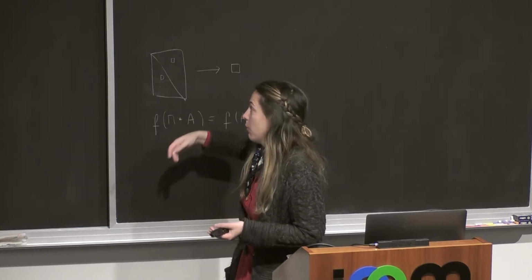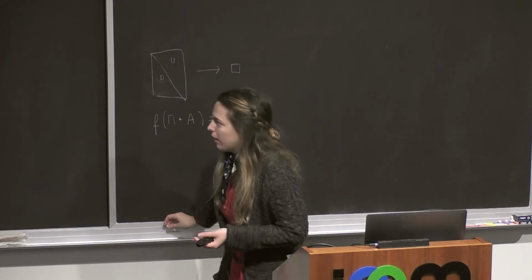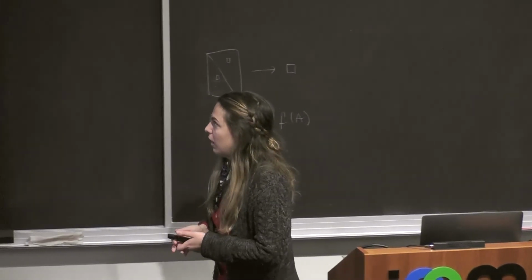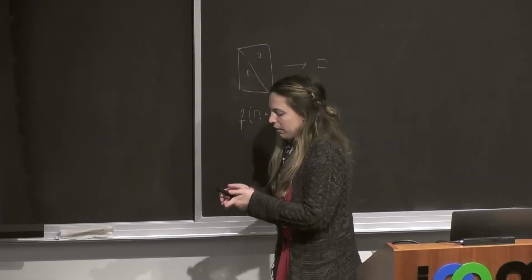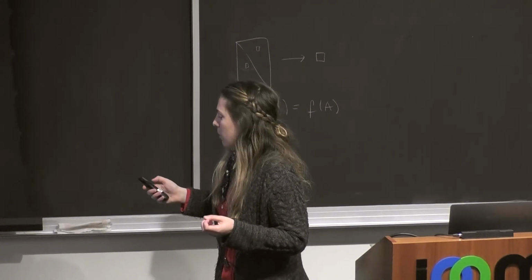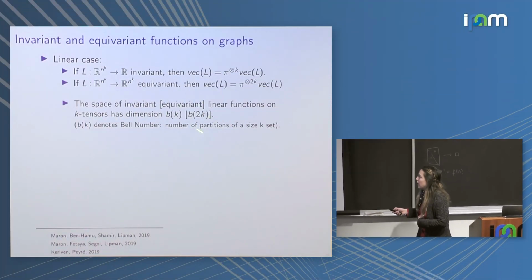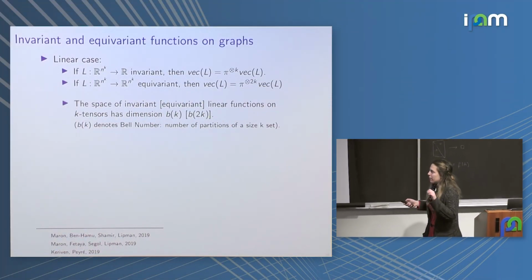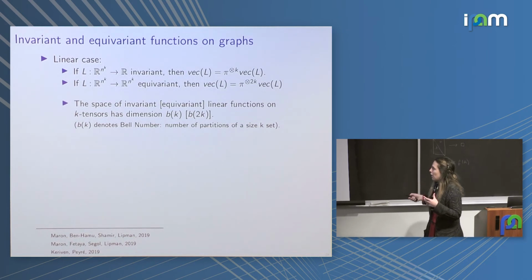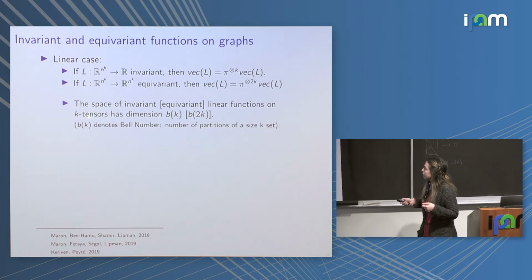And you can do the same thing with tensors. The critical point is that the dimension of the space is independent of the number of nodes that you have in your graph, but it grows doubly exponentially with the order of the tensor.